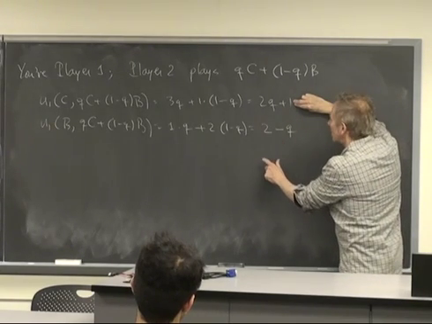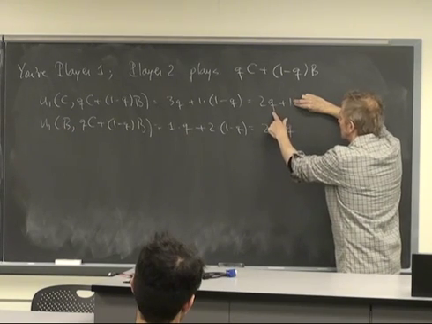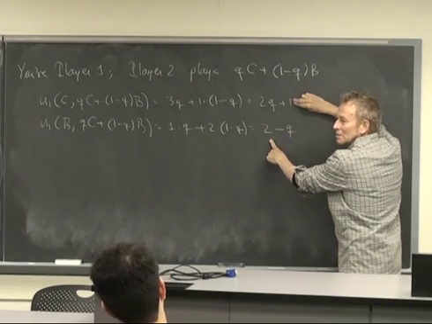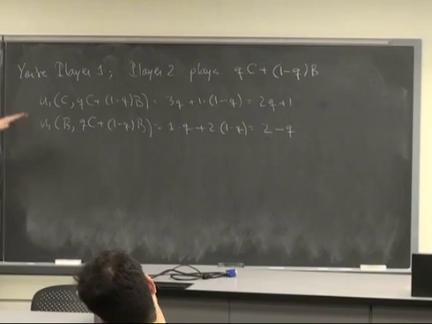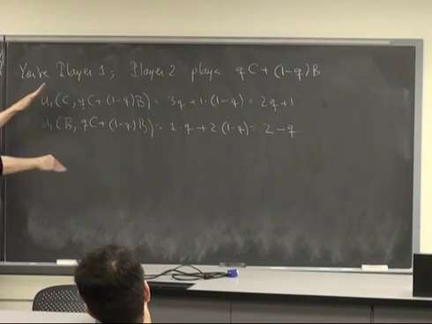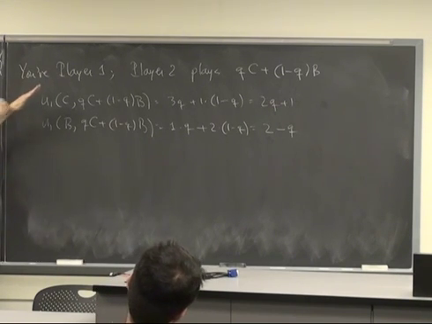If Q equals 1, it's better for me to play C because I'm comparing 3 to 1, right? And this one is monotonically linearly increasing in Q. This one's monotonically linearly decreasing in Q. So it parses the Q interval nicely where they intersect.